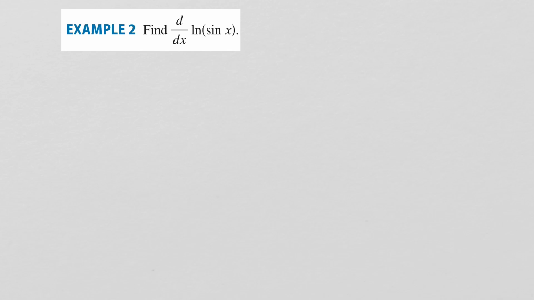For our second example, it's pretty much the same situation. We're taking the derivative with respect to x of the natural log of sine of x. So the derivative here with respect to x, assuming that our function is y equals natural log of sine of x, is going to be 1 divided by sine of x multiplied by the derivative of sine of x.